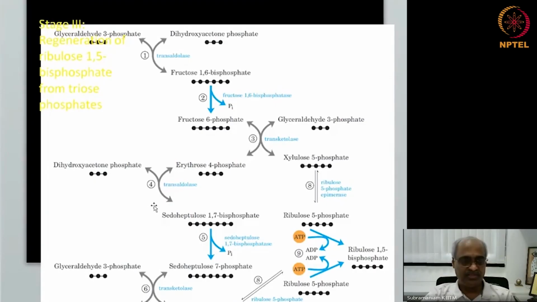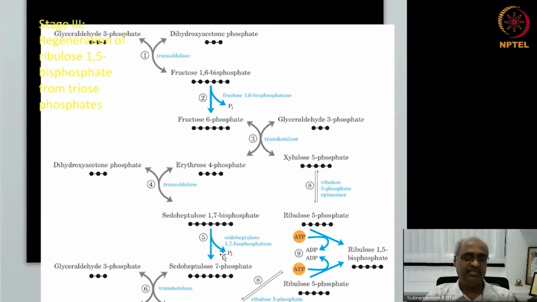And the fourth step is another dihydroxyacetone phosphate combining with this 4-carbon erythrose phosphate, an aldolase reaction, the same enzyme as that, making the 7-carbon unique molecule that you will not encounter outside chloroplast.